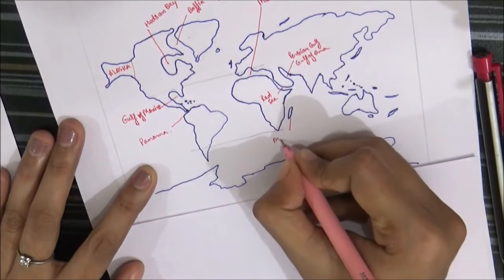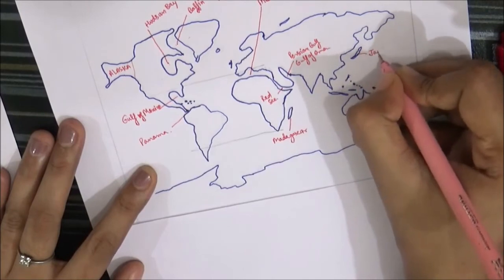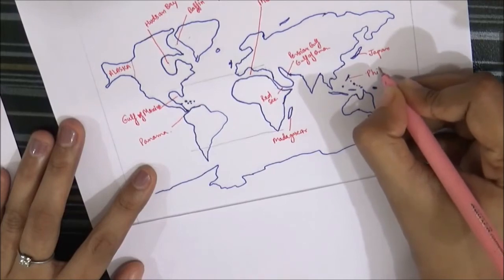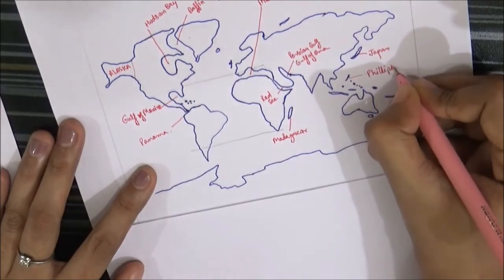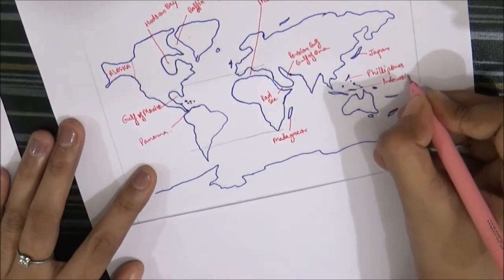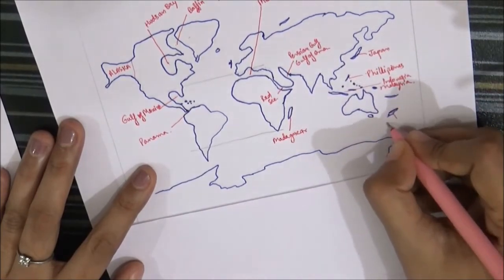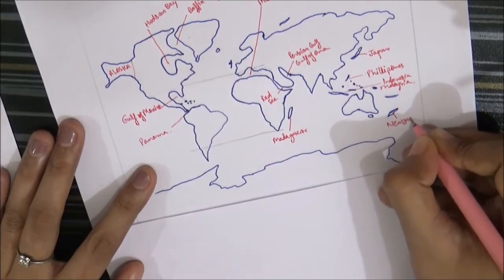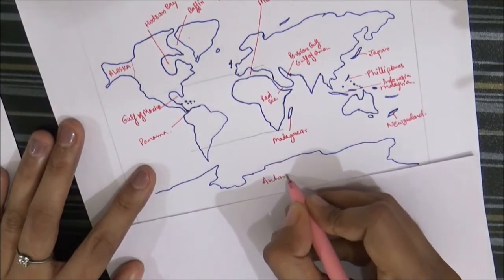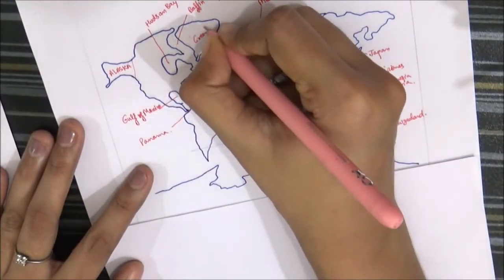This small one is Madagascar, Japan. Over here there are the Philippines, Indonesia, Malaysia, and over here is New Zealand, and this is Antarctica, and this is Greenland.